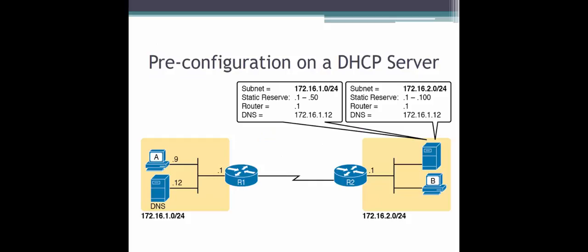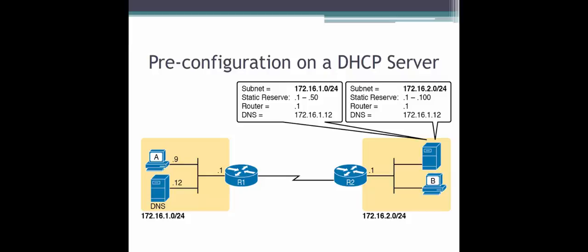So let's talk about some pre-configuration. We need to think about, well, what network are we going to have, first of all? Second of all, what static reserves are we going to have? Are we going to have any excluded addresses? The static reserve might be: if this MAC address comes online, assign them this IP address.